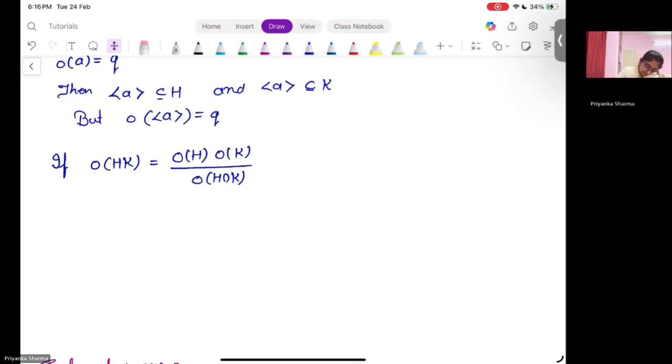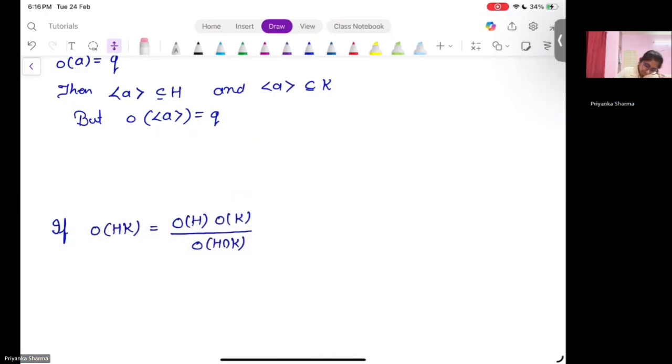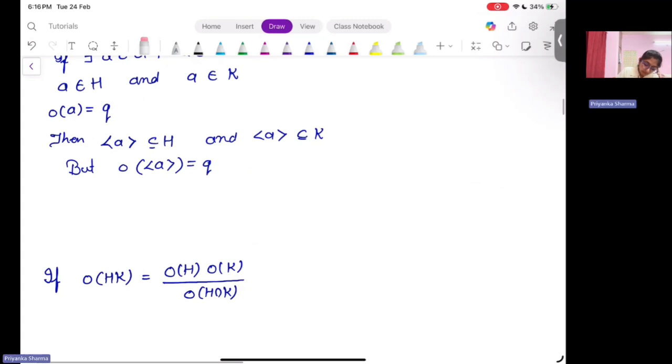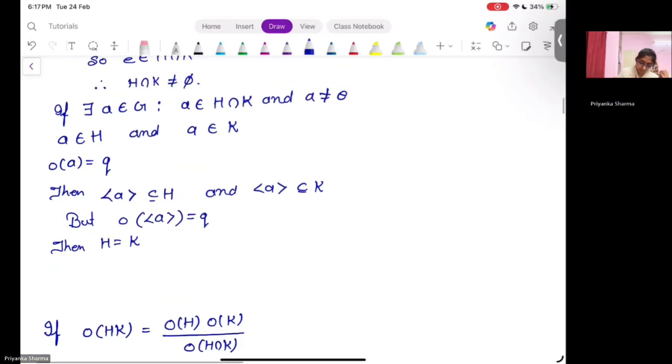Because if we have the order of the subgroup generated by A as Q, which is in H and K both, then H and K will be the same.